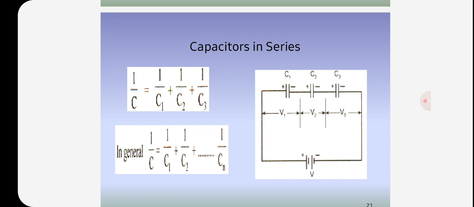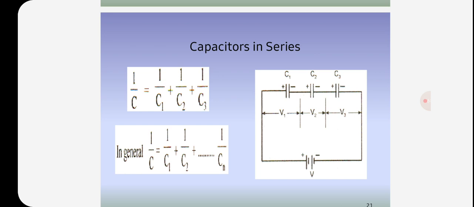If three capacitors are connected in series, then n is equal to 3. At that time, 1 by C equivalent is equal to 1 by C1 plus 1 by C2 plus 1 by C3, that is equal to C2 C3 plus C1 C3 plus C1 C2 by C1 C2 C3.